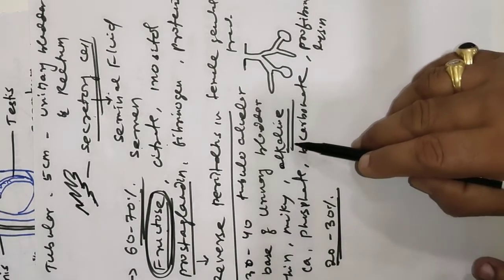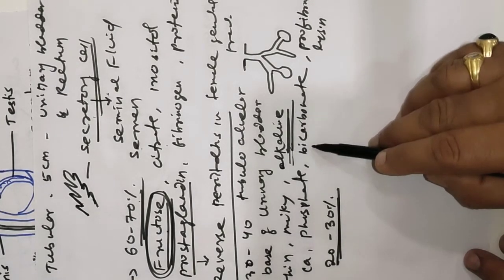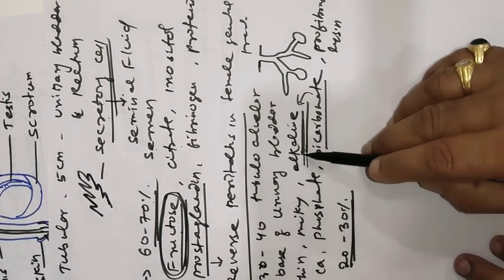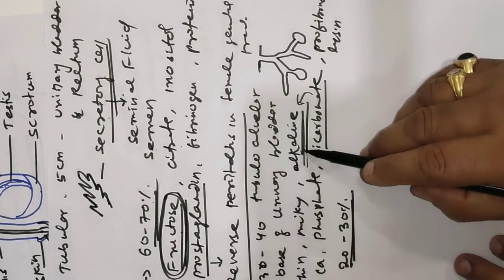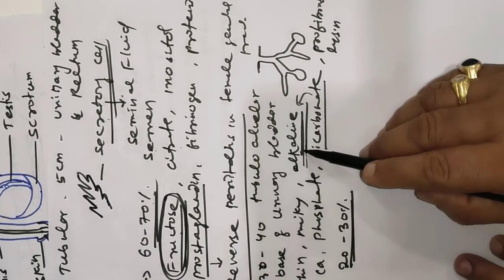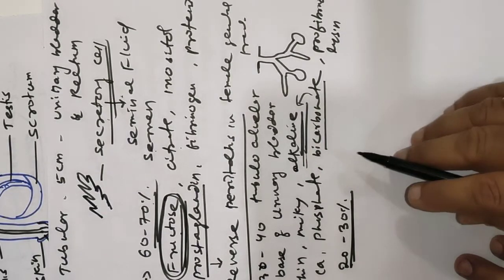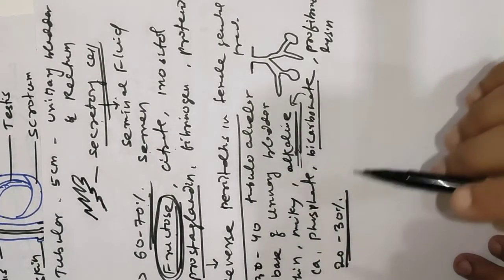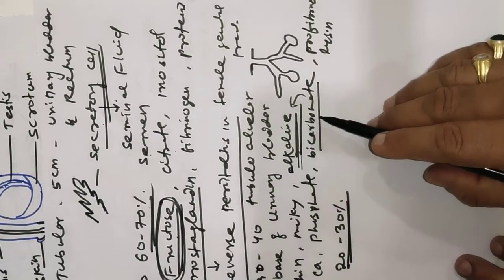Clear? Bicarbonate gives an alkaline nature to the prostate secretions. It helps in neutralizing the acidic secretion of the vas deferens and the vagina. The secretion is essential for the sperm activity.